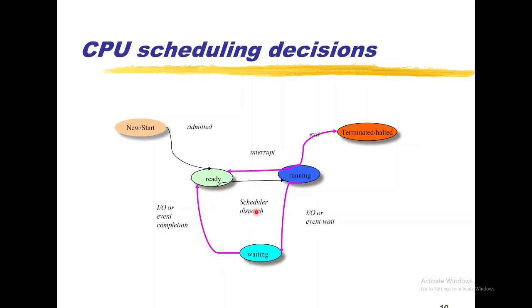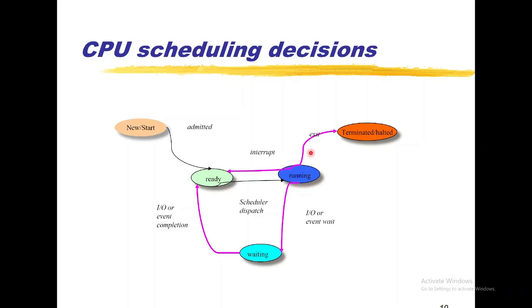Now, the scheduler dispatch handles moving it. The scheduler dispatches it from the ready queue to the running state. The short-term scheduler moves it and allocates it to the CPU when it's running.